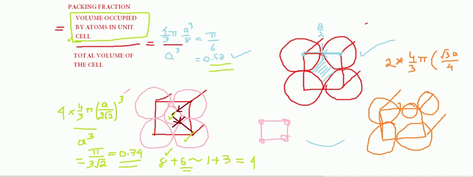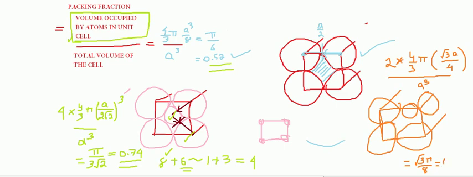Okay, so if you put it, this is the volume occupied by atoms in the unit cell divided by the volume of a cube. So you will get a value, it's very easy to evaluate, root 3 pi by 8. Okay, you will get root 3 pi by 8. And can you just give a guess whether the packing fraction will be more or less? It will be between simple cubic and face centered cubic lattice.